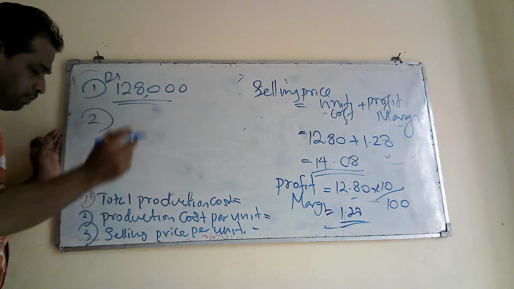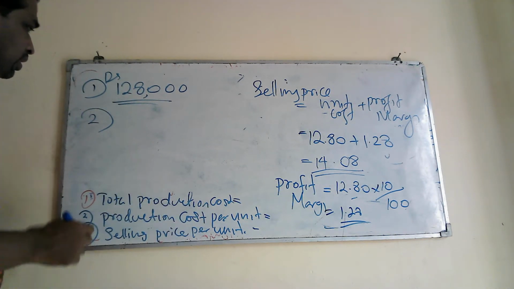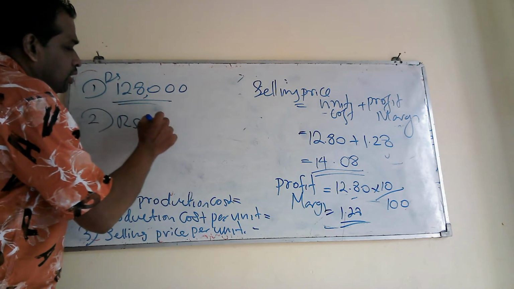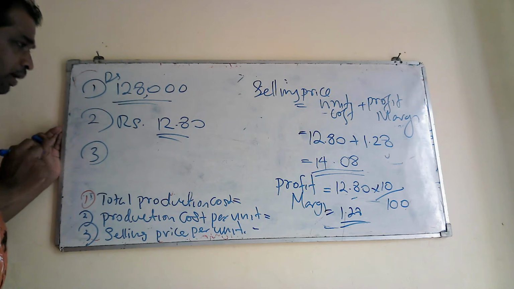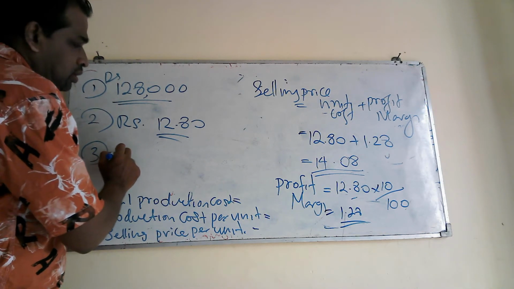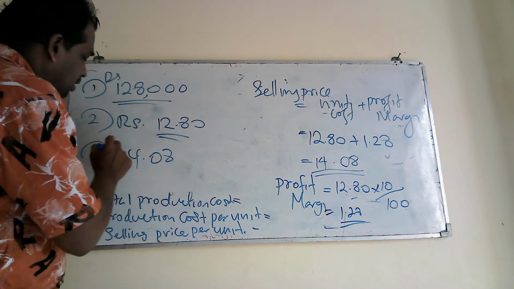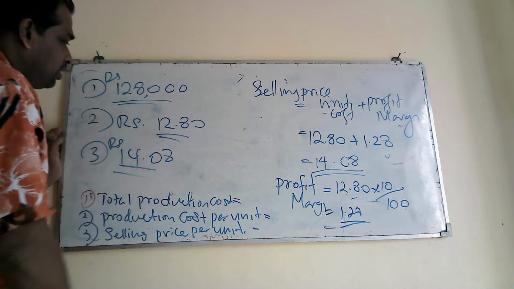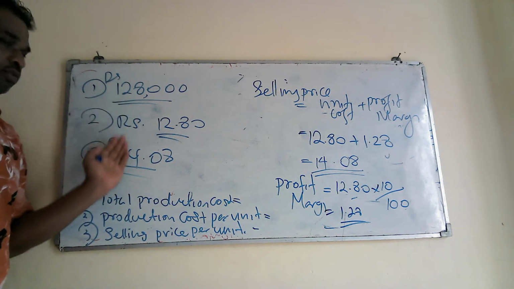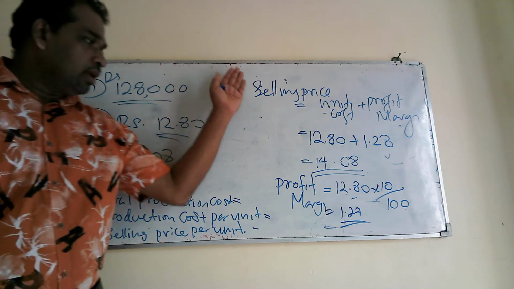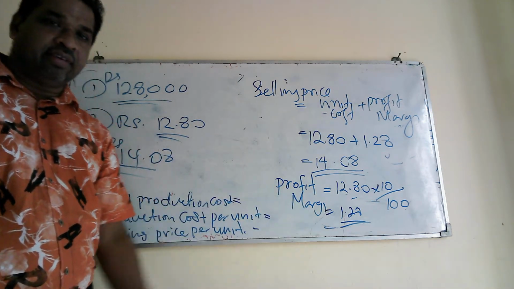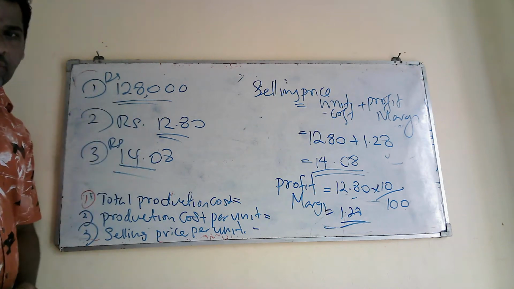Then part B, production cost per unit, you got 12.8 rupees. Then the answer for part 3 you got is 14.08 rupees, that is the selling price per unit. Likewise, you have to produce the answers at the exam separately. You can write these formulas, take the answers and present them separately. Then you are given full marks.